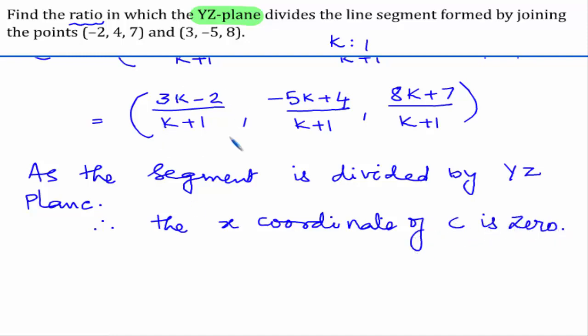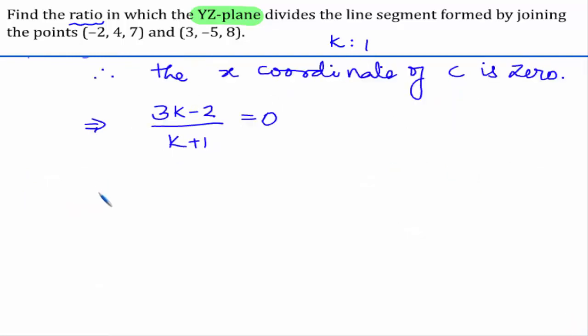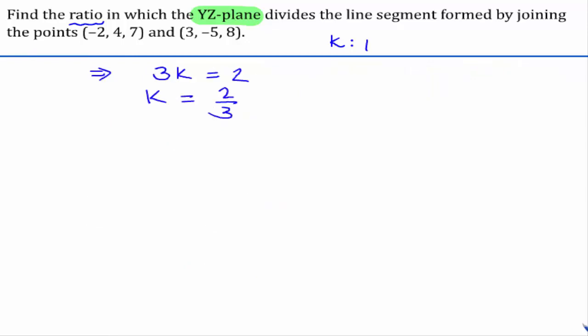Now let us equate this x coordinate with 0. 3k minus 2 by k plus 1 is equal to 0. That will give us 3k minus 2 is equal to 0, and on further simplification 3k is equal to 2 and k is equal to 2 by 3.